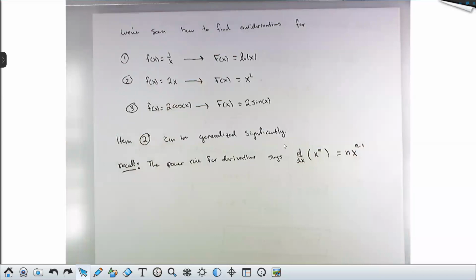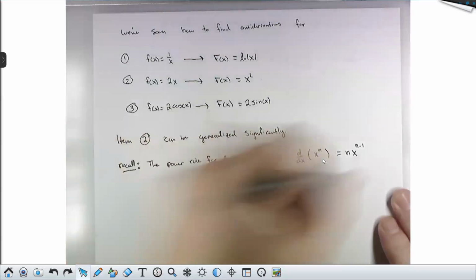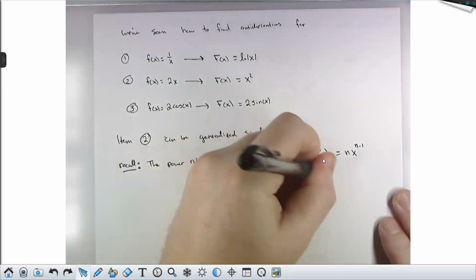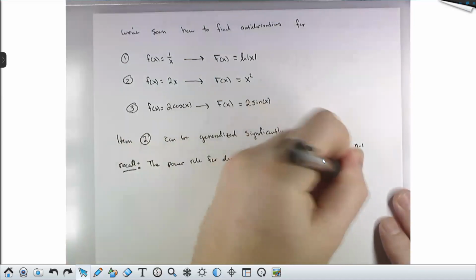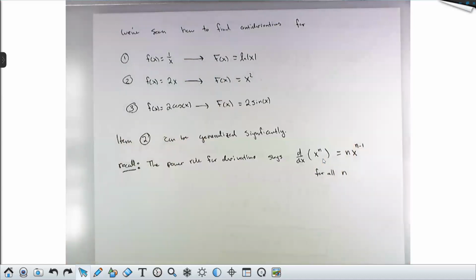So if we have the ability to kind of run that backwards from 2x to x squared, we should be able to run that backwards for anything like this. And indeed we can. When you differentiate a power function, this is true, by the way, for all n. Are there any exceptions here?